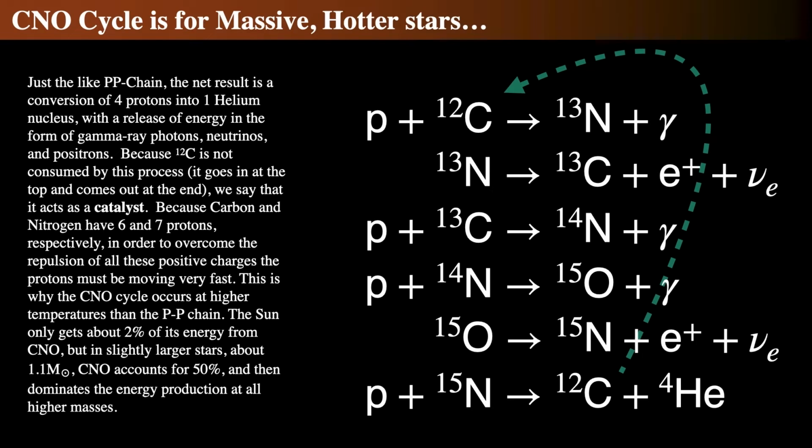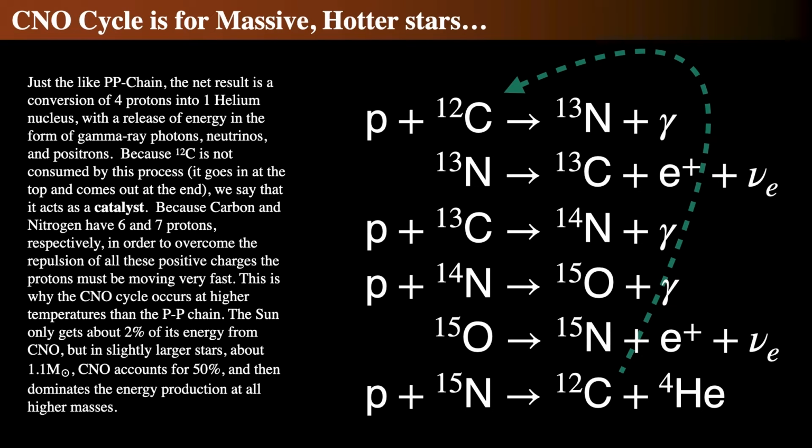That's a gamma ray. So the next step in the CNO cycle is that the nitrogen-13 decays. One of the protons decays to become a carbon nucleus, heavy carbon-13, and it emits a neutrino and a positron, which is an anti-electron, which then slams into an electron and forms more light.